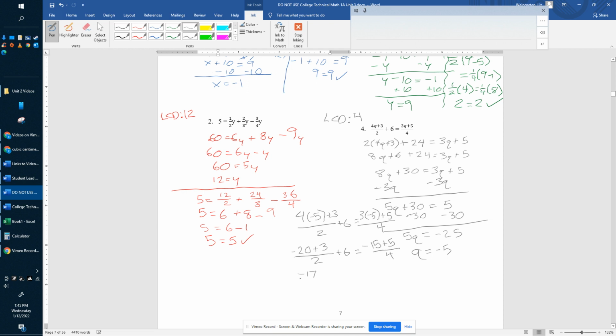Negative 17 over 2 plus 6 equals negative 15 plus 5 is negative 10 over 4. This is a good time to multiply both sides of the equation by 4. So that'll give us negative 34 plus 4 times 6 is 24 equals negative 10. Negative 10 equals negative 10. It checks out.